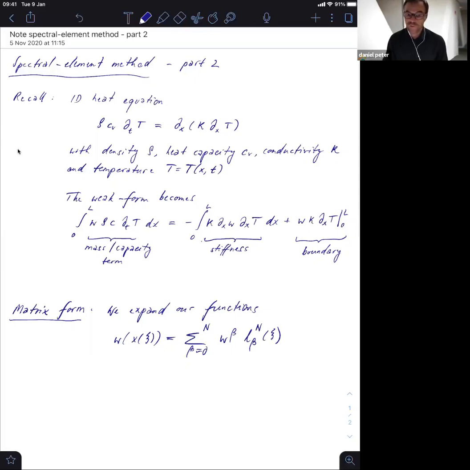So this would be the function expansion for the test function W. So L beta, this is the high order Lagrange polynomial, and the degree of the polynomial is degree n.